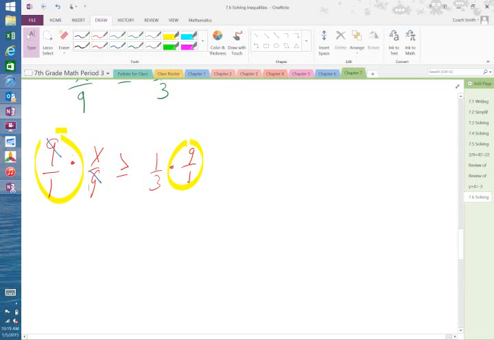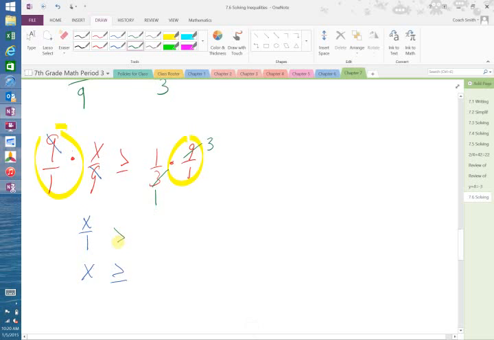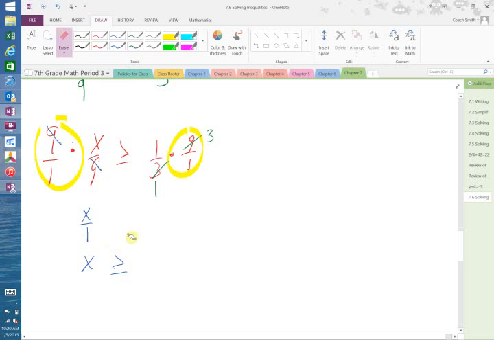Leaving me with x over 1, which is just x, is greater than or equal to, on the right side, 3 goes into 9 3 times, 3 goes into 3 1 time. Leaving me with 1 times 3 on top and 1 times 1 on bottom.